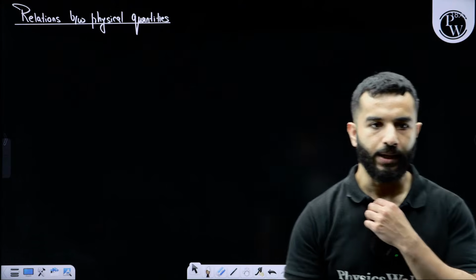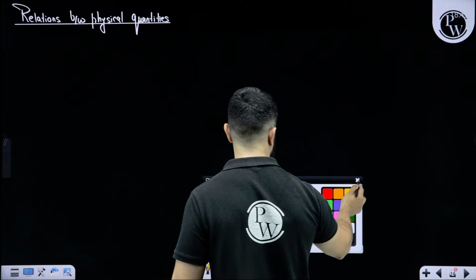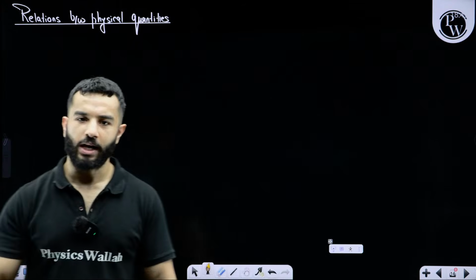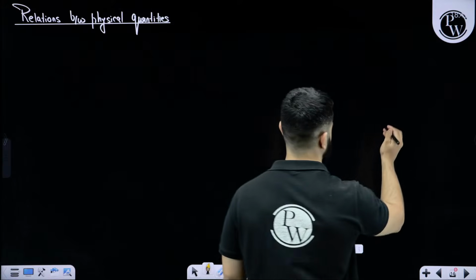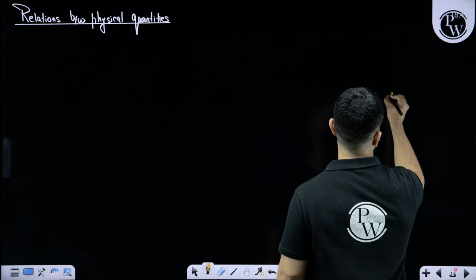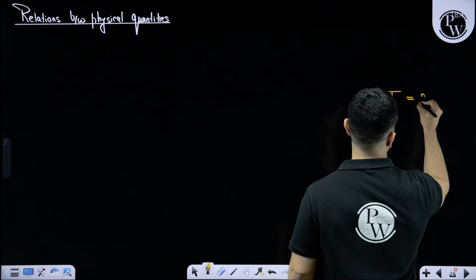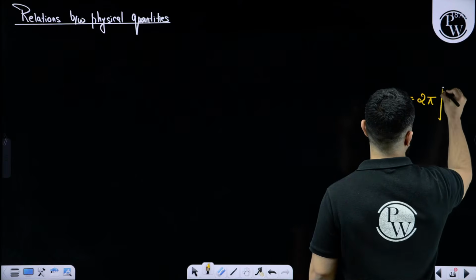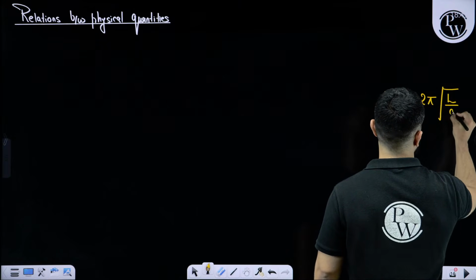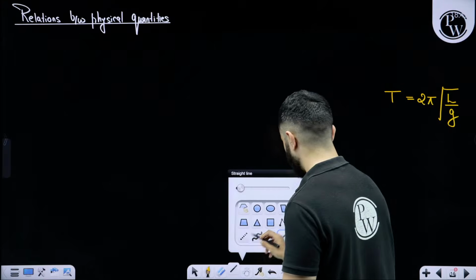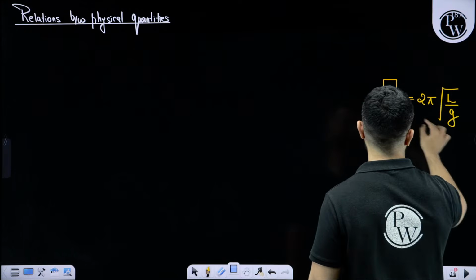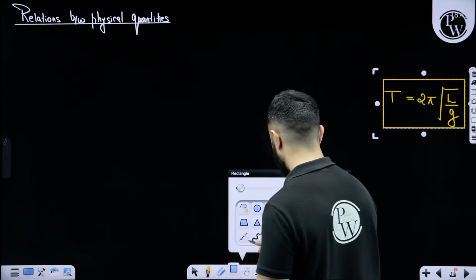Done? Pay attention. Let's suppose we are writing one formula, something like this: time period is equal to 2 pi under root L by G. This is a formula that I hope we all know, right?